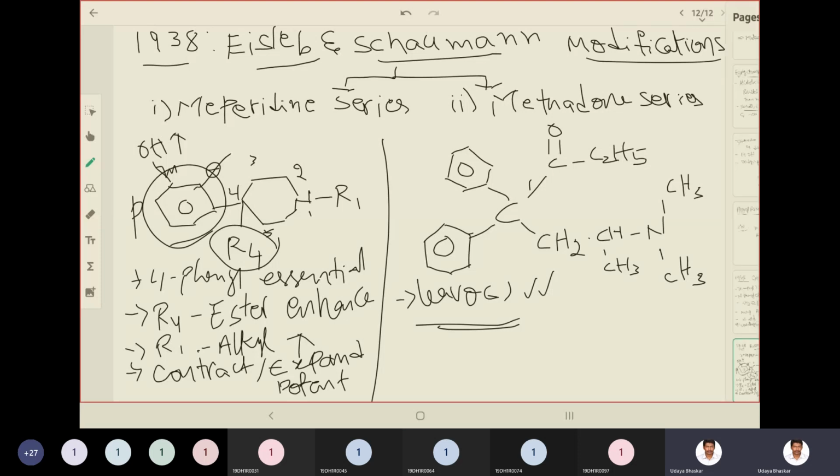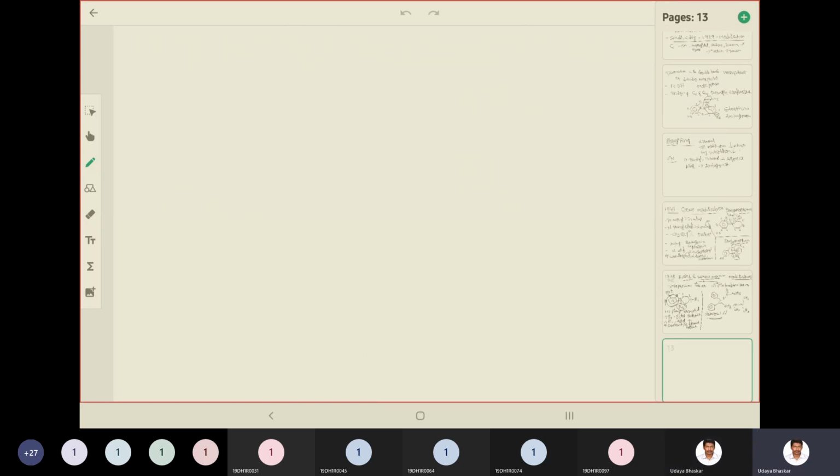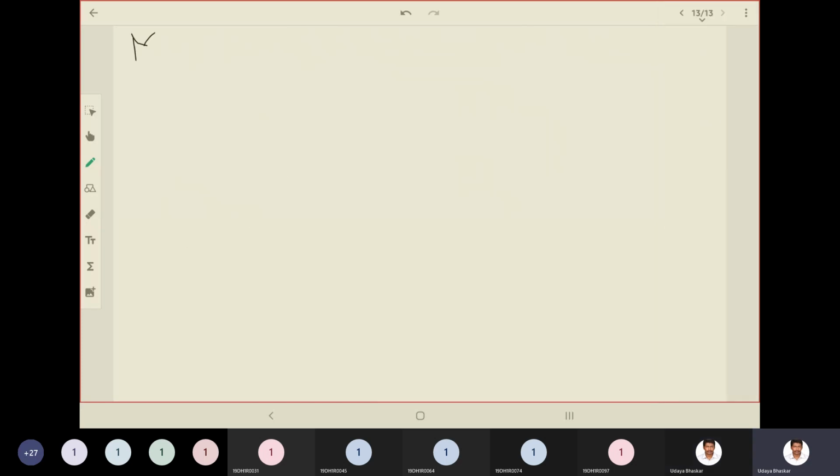Fine. So having seen all these things, let us go with the structures. First structure is morphine sulfate. You know the structure of morphine we have already discussed.